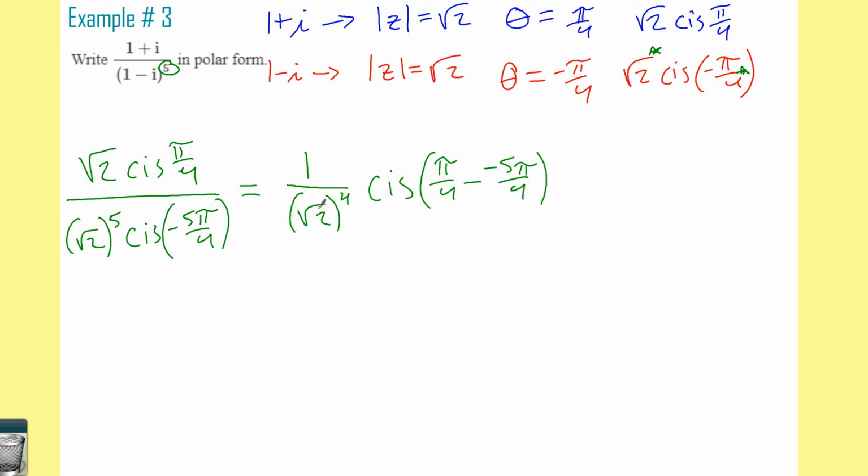So we end up getting 1/4 cis 6 pi over 4, so 3 pi over 2. I'm hoping that's making sense.